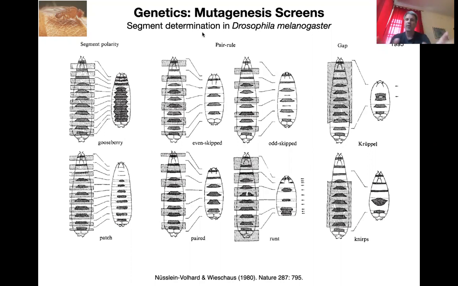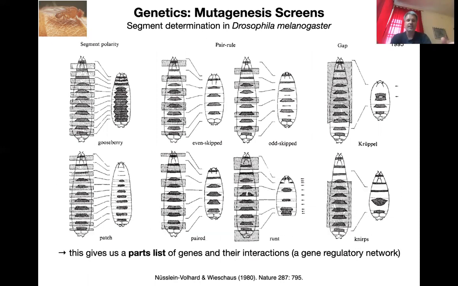And in this way, by first classifying the phenotypes and then studying mutants of every one of these genes and how they affected the expression of other genes, Drosophila geneticists worked out a parts list, a very detailed parts list of genes and their interactions, a gene regulatory network that you can represent in a graph, like we've seen before.